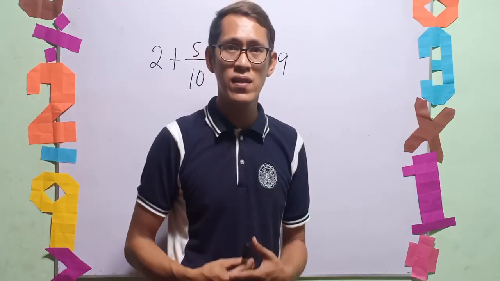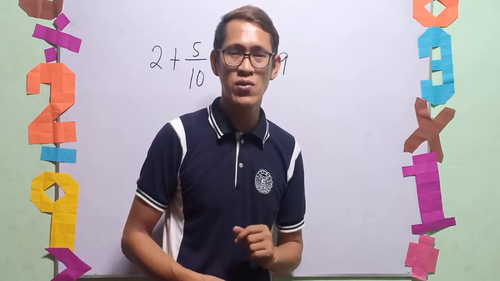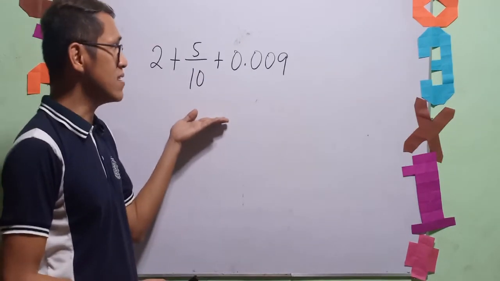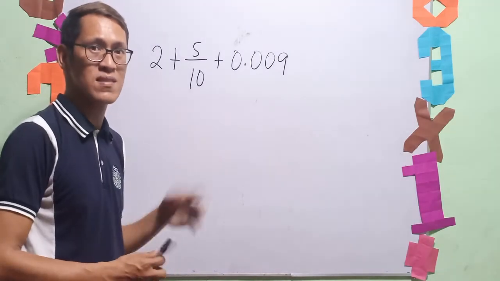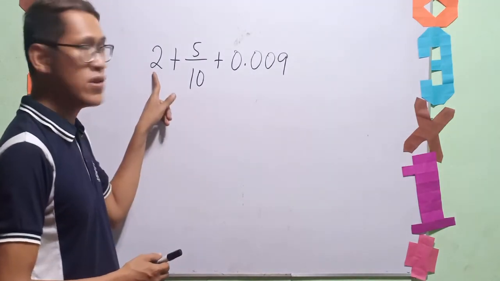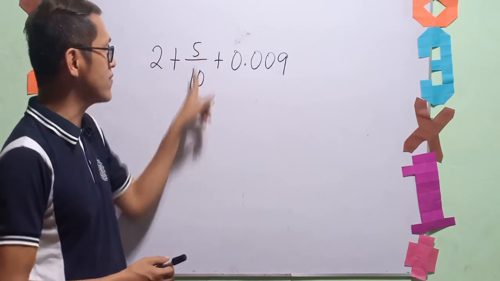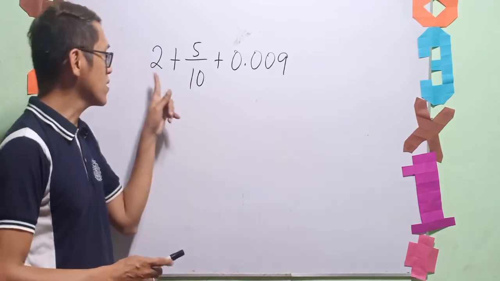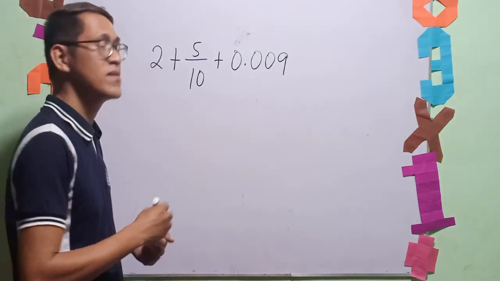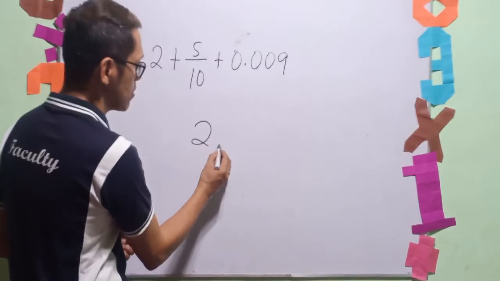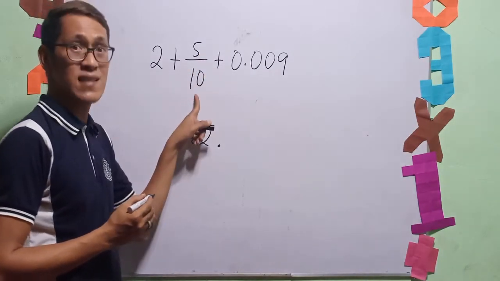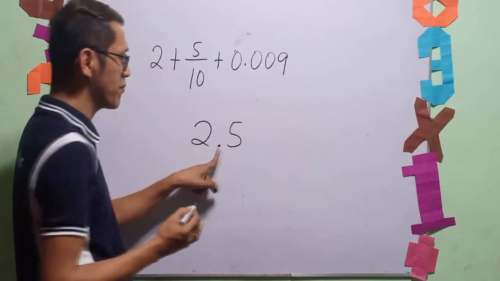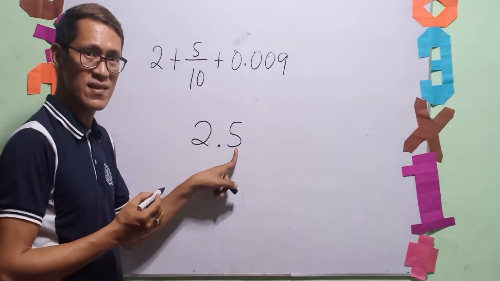Before I end this video, I have one challenge for you to answer. Can you tell me what number this number sentence represents? Here you have 2 whole numbers plus 5 tenths plus 0.009. Since we have whole number 2, let's write 2, then the decimal point. 5 is in the tenths place, so it must be 5 here after the decimal point. This is 5 tenths, correct?